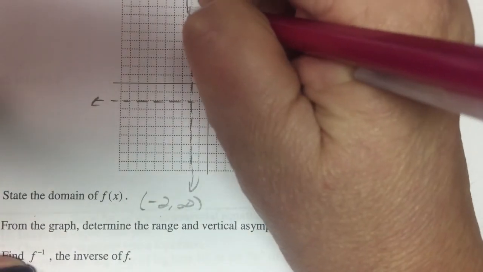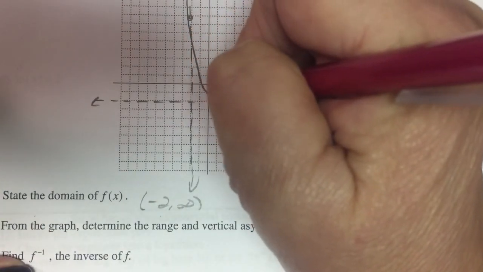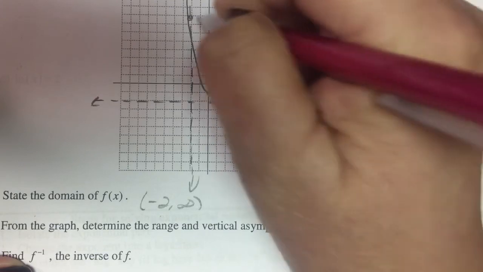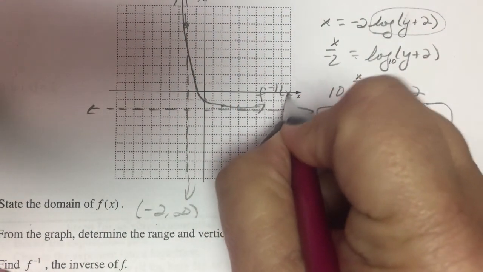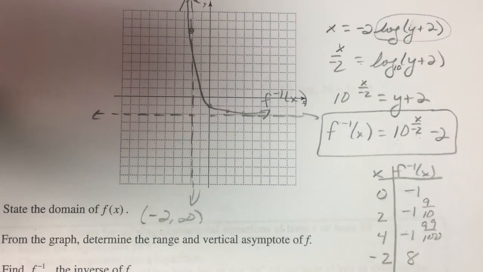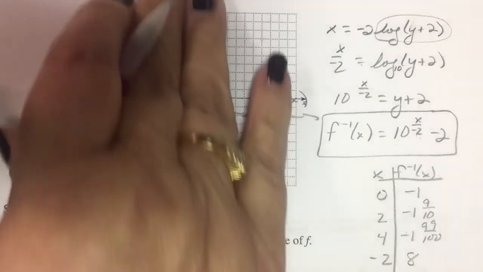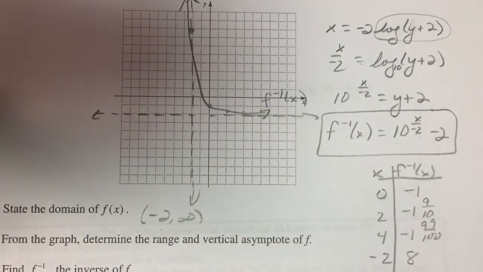So that's this graph right here. So that is the inverse. That's my f inverse, which is a log function. Notice because it's a -2, that's why it's going down like this.